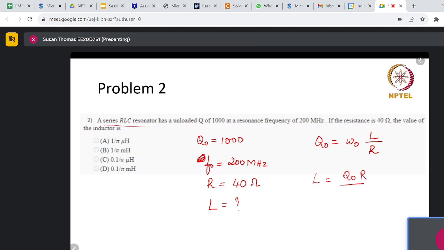Q naught into R by 2 pi F naught. So this might not require a calculator. You can notice that the answers are in terms of pi.